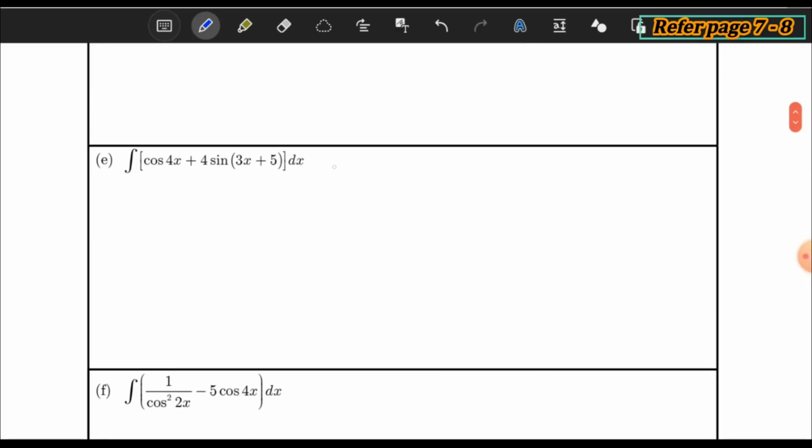E. Integrate cos 4x plus 4 sin(3x + 5) with respect to x. We need to integrate one by one.